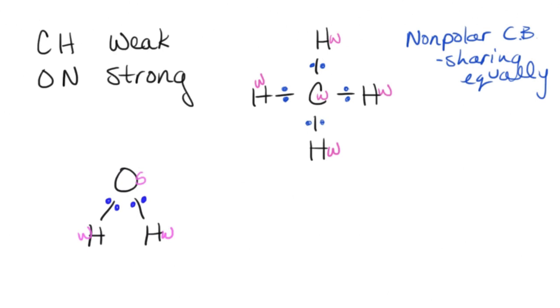So in this case, now we are looking at what we call a polar covalent bond, and we are not sharing equally. Ultimately, what this means is that we are going to be shifting some charge around these molecules.